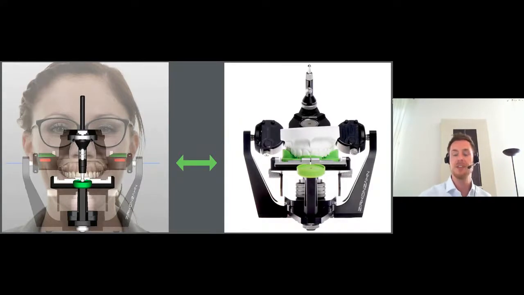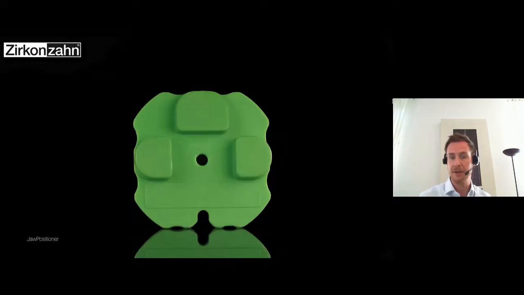So now we can transfer the model position into the analog articulator. We are using a special transferring device or pattern, and this pattern is called our jaw positioner. This jaw positioner is just a piece of plastic with 3 plateaus on it.